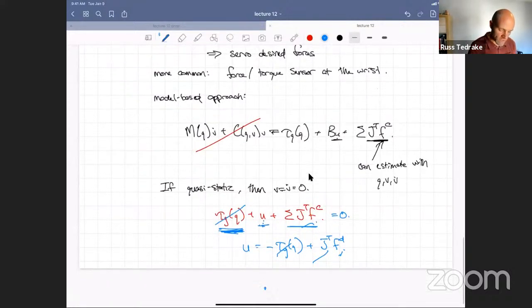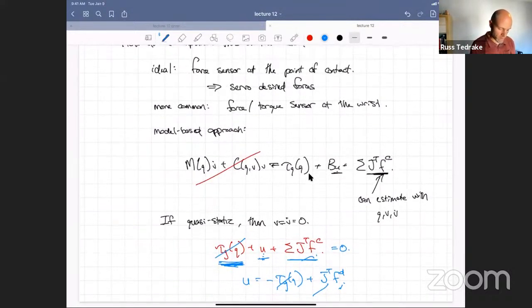Okay, so inverse dynamics control, model-based control, actually can do some amount of force control.